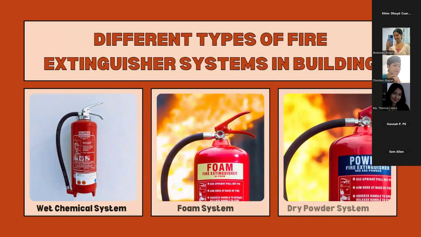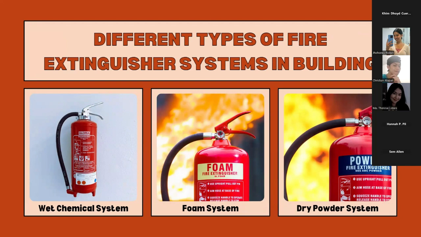In fire extinguishers, there are different types of fire extinguisher systems in building. So here we have four different types of fire extinguisher. First is wet chemical system, foam system, dry powder system, and carbon dioxide and halon system. So first is wet chemical system.